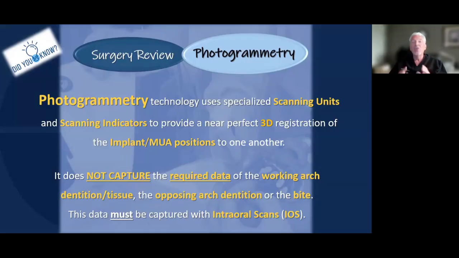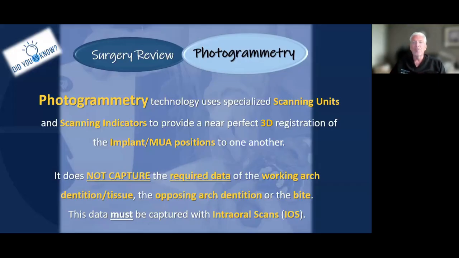Photogrammetry is giving you the most precise way that we have available in dentistry today to identify the position of the implant with the MUA on it, but it relates them to one another in the arch. It does not relate it to the teeth, to the alveolar ridge. So there are limitations there when it comes to what we need to do for full arch reconstruction.